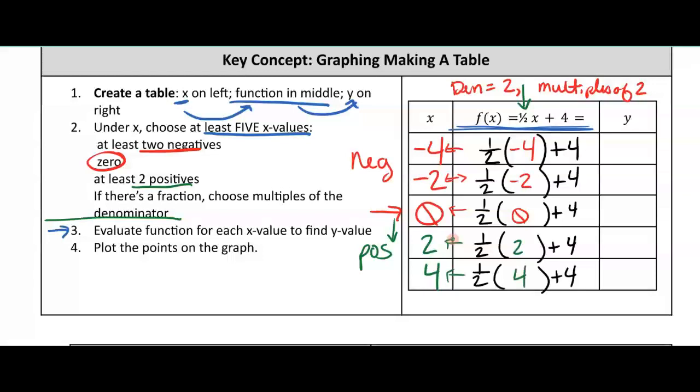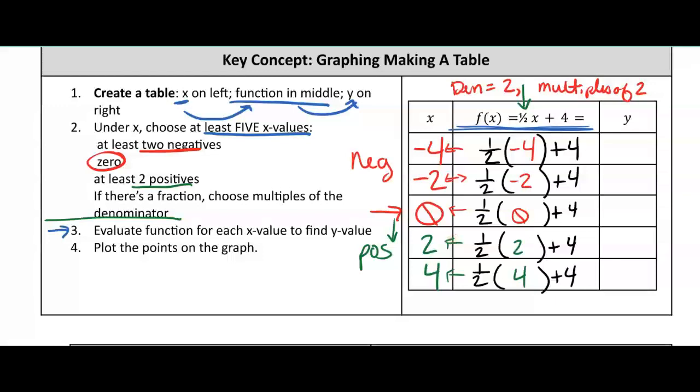Now you are welcome to use your calculator for this, but especially when we're dealing with 1/2, halving is a fairly intuitive concept, right? So I can start with my first one and say, well, what is half of -4? -2, okay? And then I have -2 plus 4, which is 2.